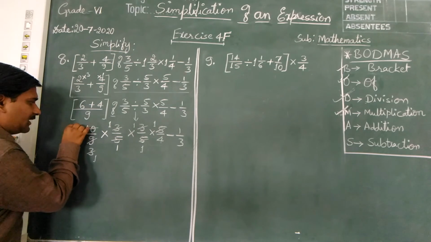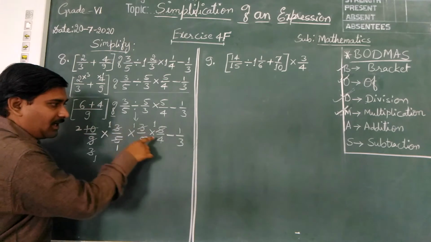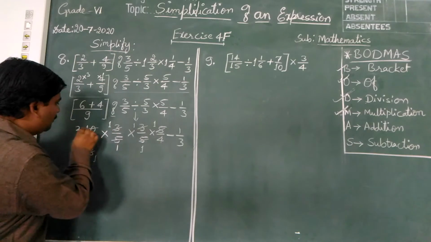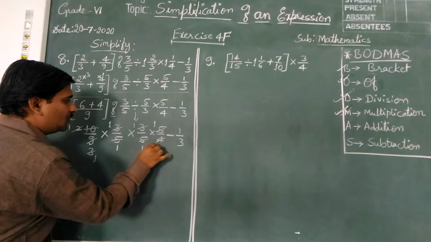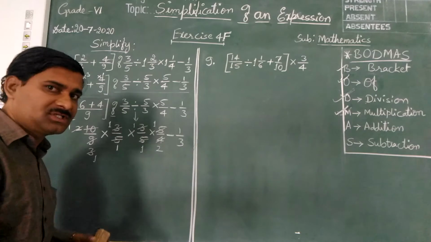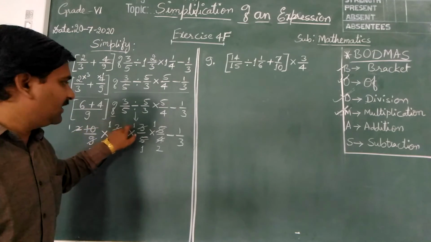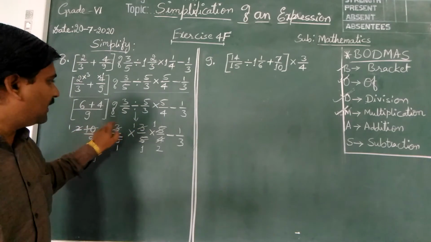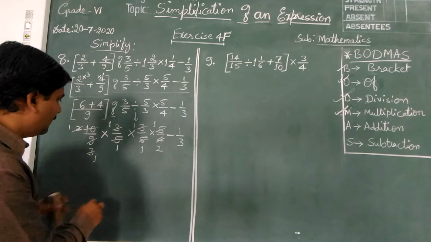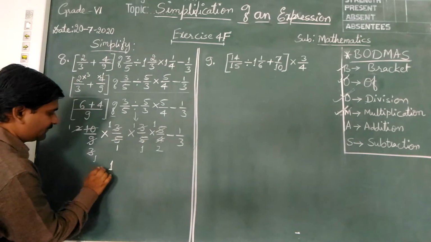And here 2 is there in the numerator, and in the denominator 4. Numerator 2 ones are 2, 2 twos are 4. Carefully observe, children. Nothing is left in the numerator except 1, 1, 1, 1. So only 1 is there in the numerator.